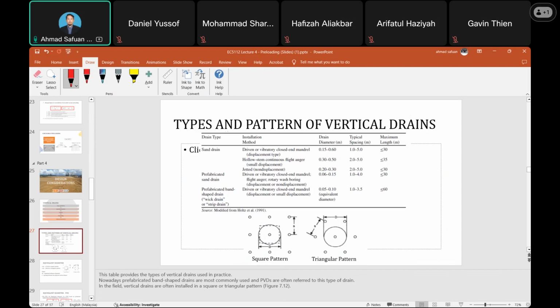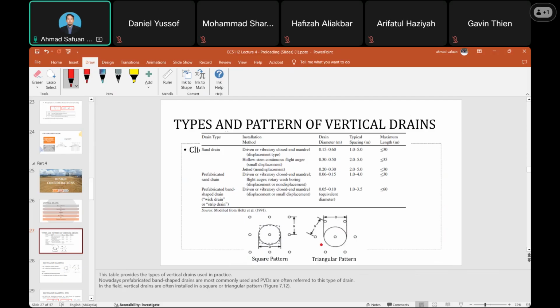The diameter is 0.05 to 0.1 with a typical spacing of 1 to 3.5, and it can go up to 60 meters in length.